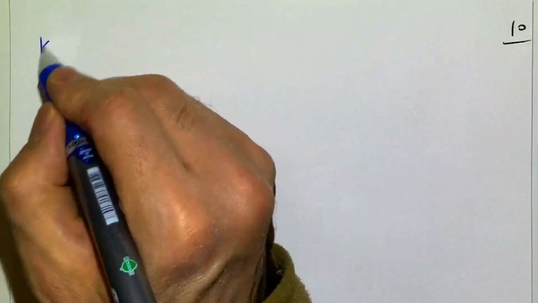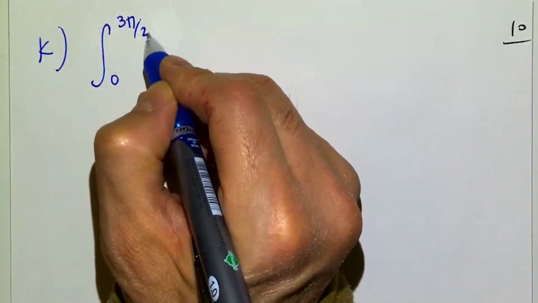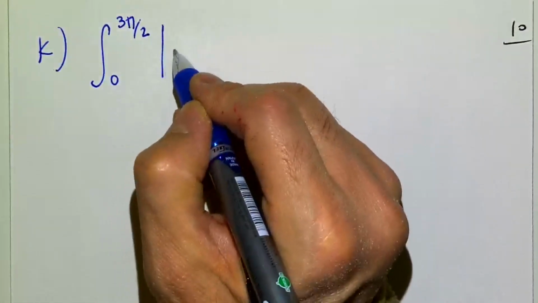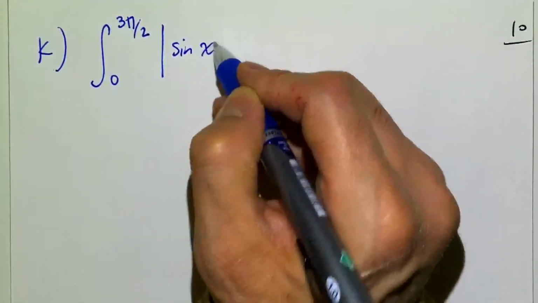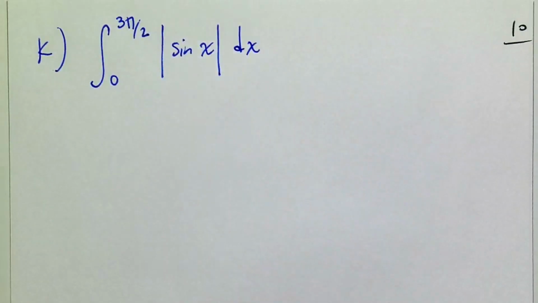All right, so another example. Suppose we want to integrate from 0 to 3 pi over 2 this expression, absolute value of sine of x dx.